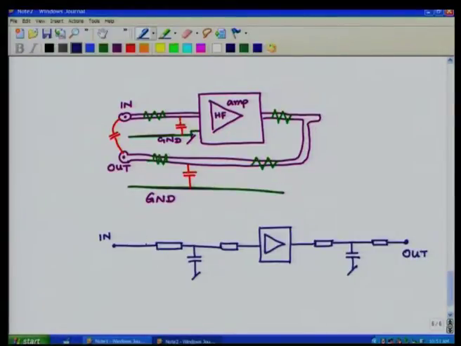Not only that, you also have a direct feedthrough capacitance coming to the output, something like the Miller effect, a feedback kind of capacitance between the input and the output, and this Miller effect can also be quite a disturbing thing in the functioning.